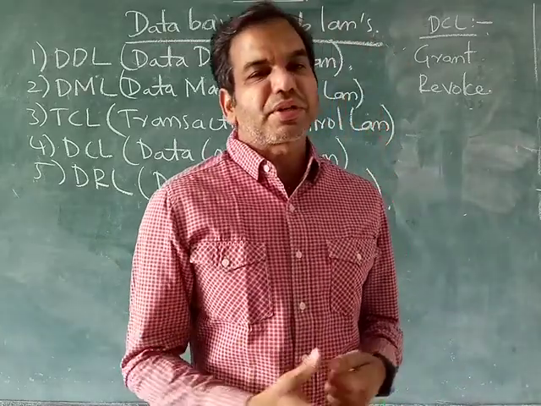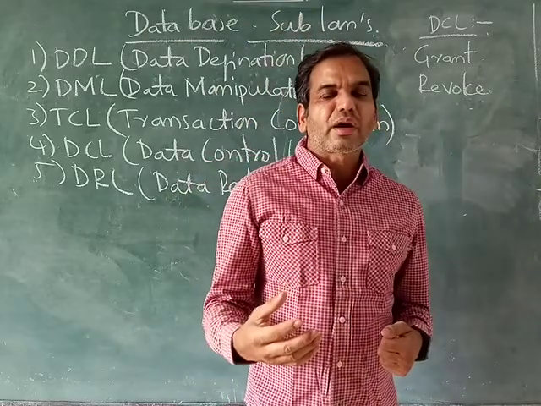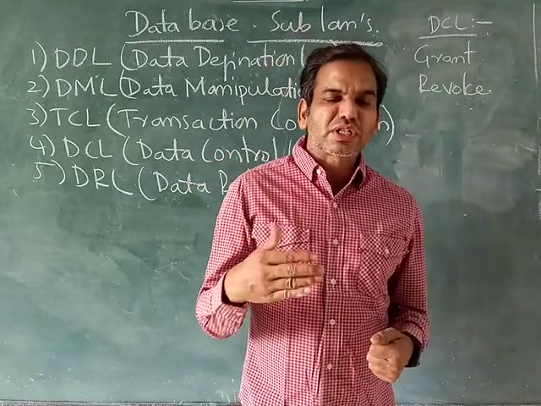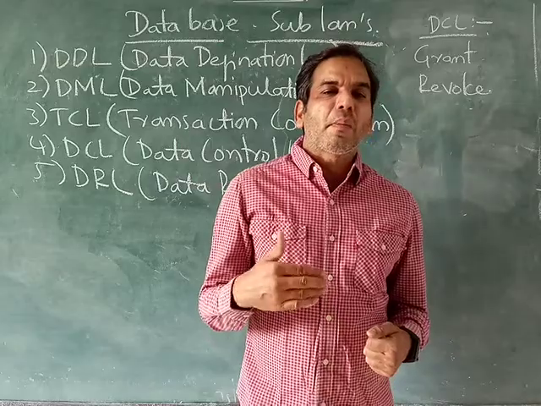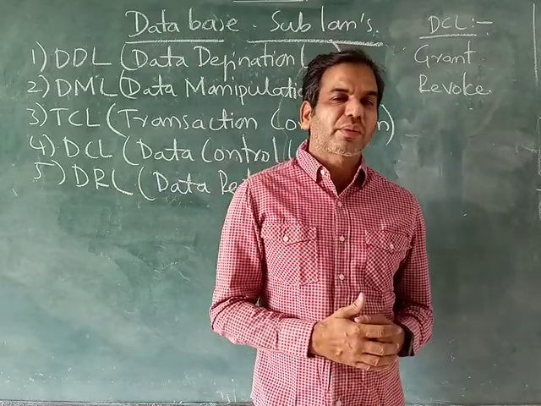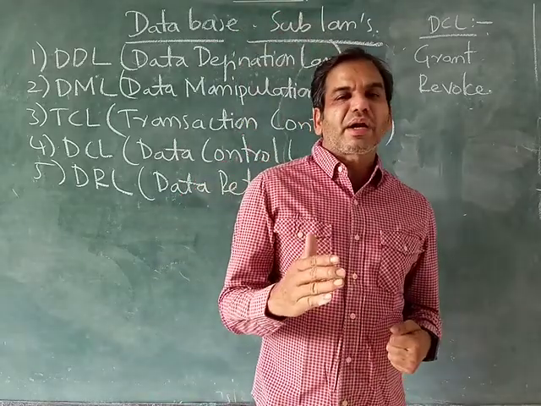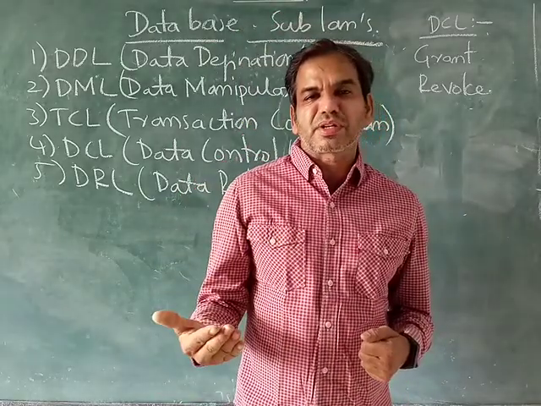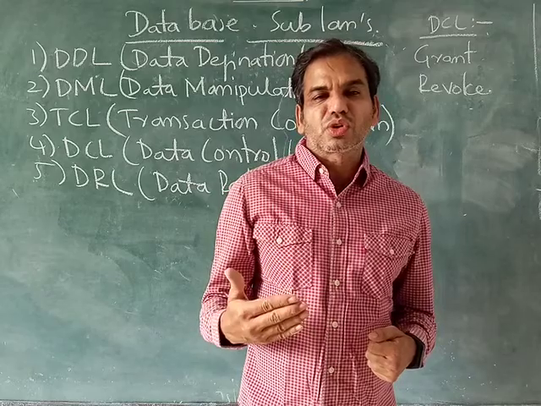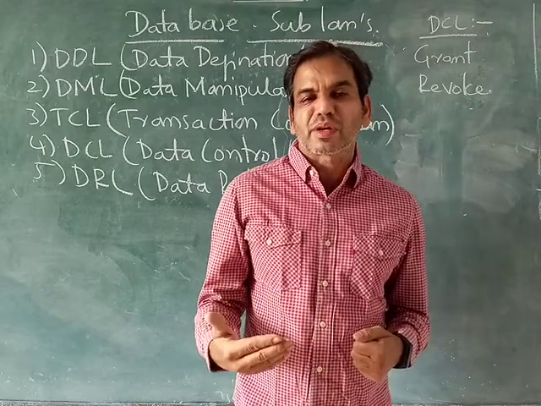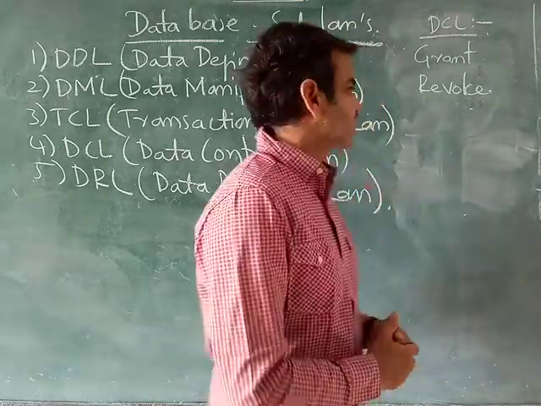Privilege is nothing but permissions. With the help of DCL commands, permissions are specified by the DBA and permissions are removed by the DBA. The commands are grant and revoke. The grant command is used to specify permissions. The revoke command is used to remove the permissions which were specified by the grant command. That is DCL.